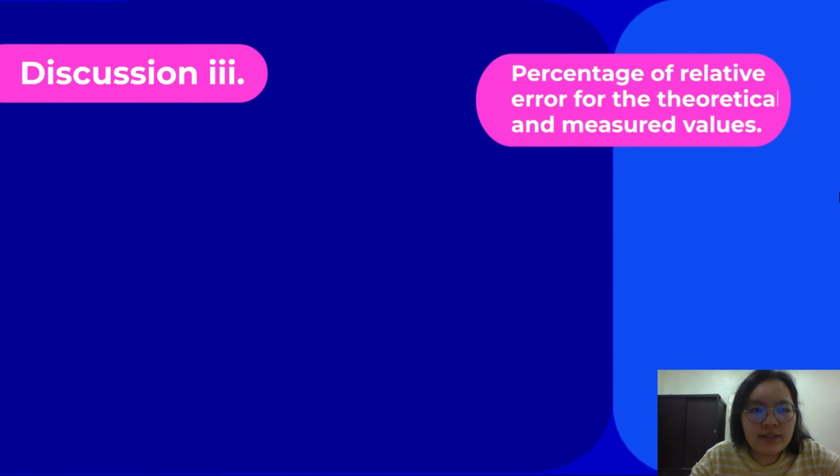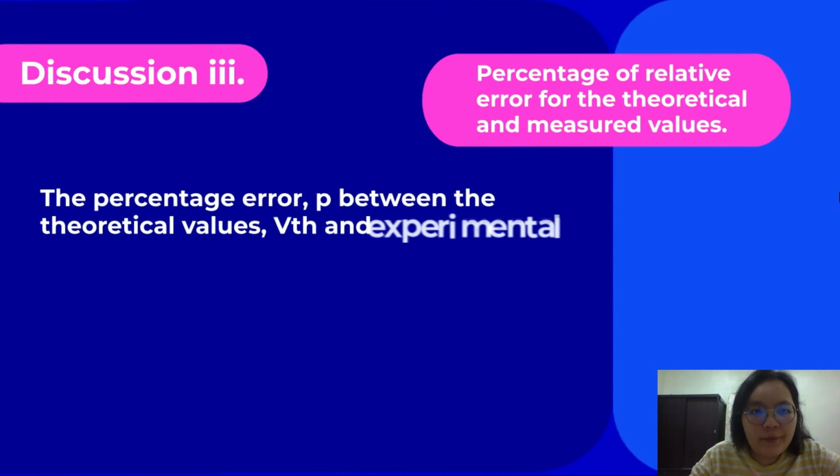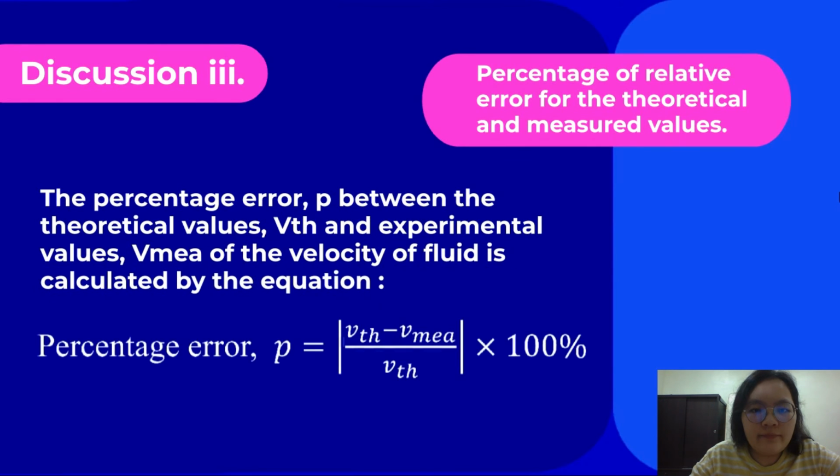For the third question in the discussion part, we are required to get the percentage of relative error for the theoretical and measured values. The percentage error between the theoretical value and experimental value of the velocity of fluid is calculated by the equation: P equals theoretical value minus measured value, divided by theoretical value, times 100%.